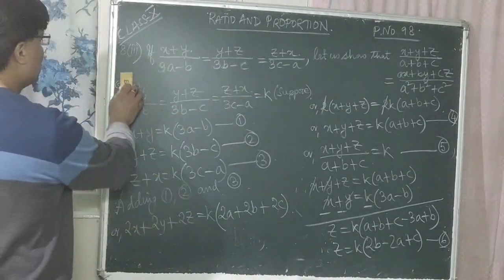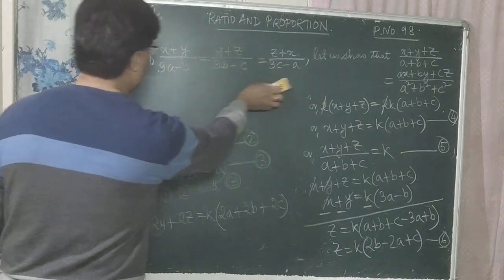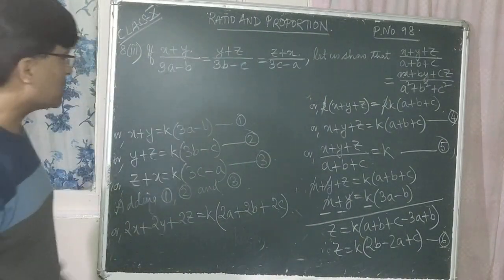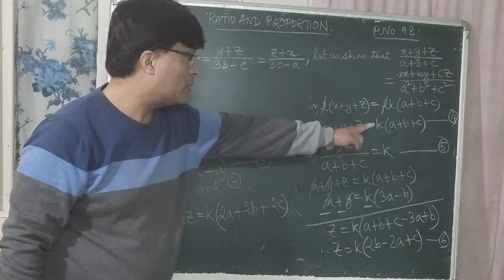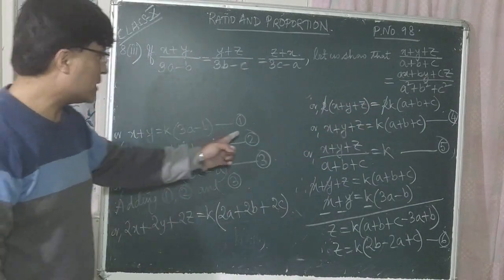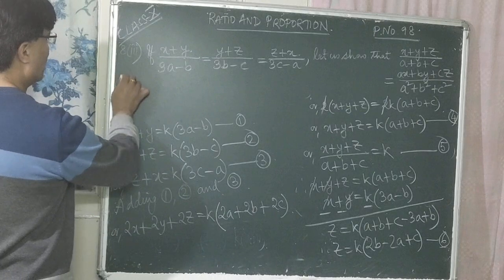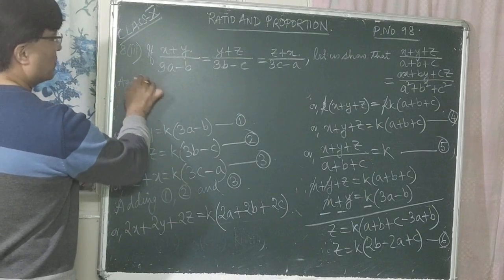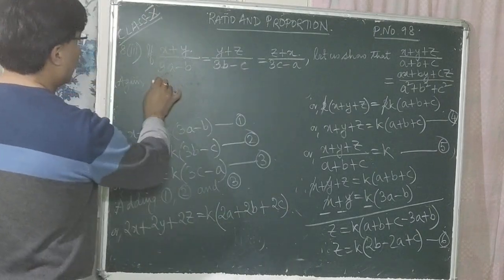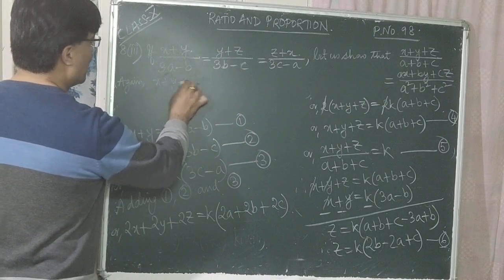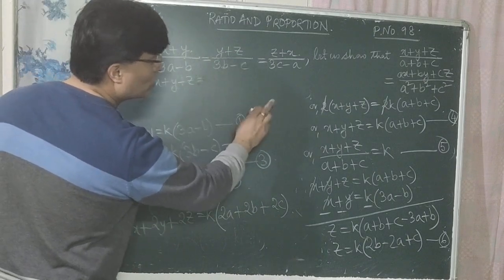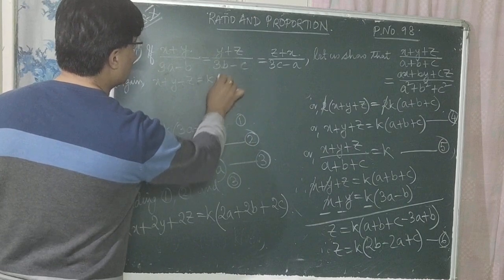So now what will you do in the next step? In the next step, let us subtract number 2 from 4. Again, what is number 4? From 4 we have x plus y plus z is equal to k into a plus b plus c.